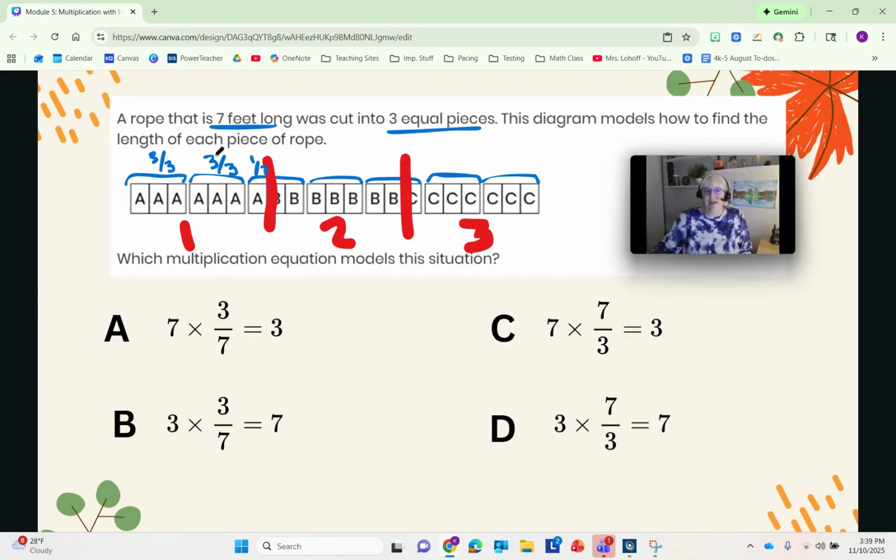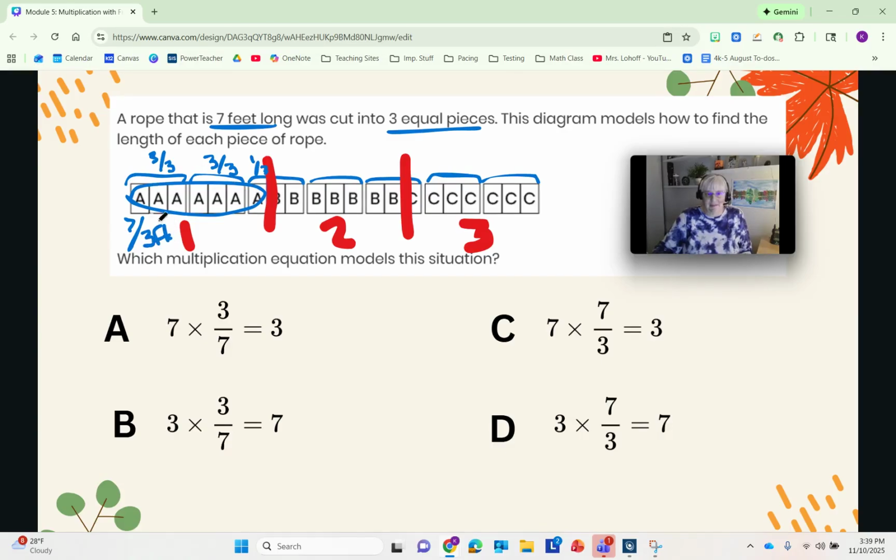It's cut into 3. Each section is going to be 3/3 plus 3/3 plus 1/3. That's 3 plus 3 is 6, plus 1 more is 7. So 7/3. This section right here is 7/3 of a foot.